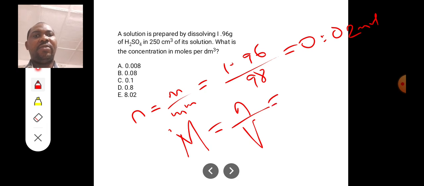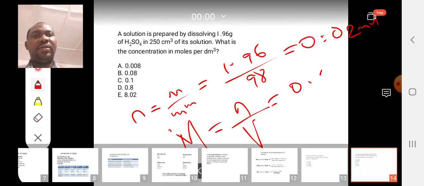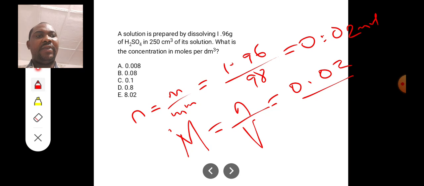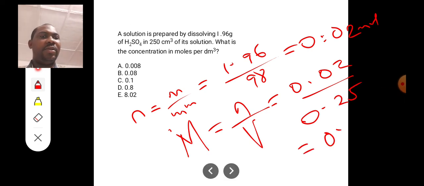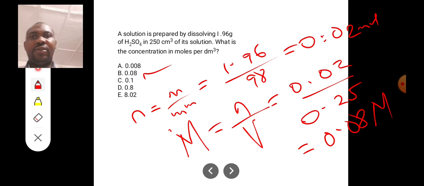My number of moles here is 0.02, divided by volume. My volume is 250 cm³, which is 0.25. By the time we divide, we get 0.08 mole per dm³, just to show you different ways this can be achieved.